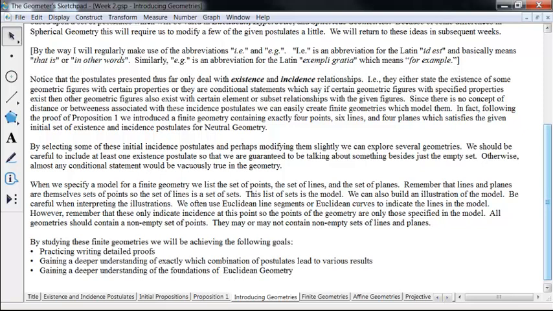So these incidence relationships are dealing strictly with subset or element relationships. They don't have anything to do with order, betweenness, or distance.